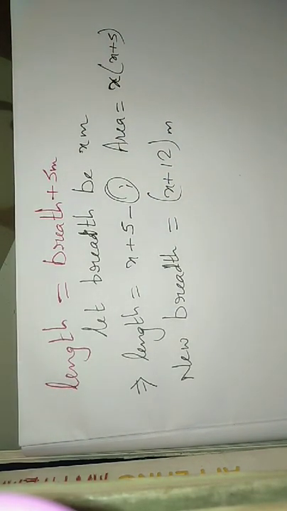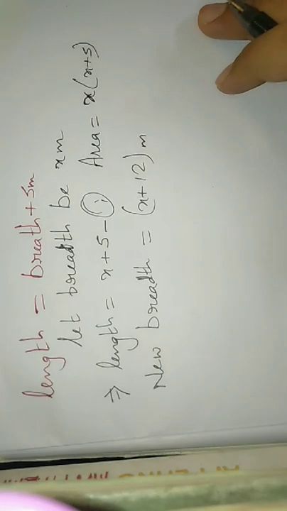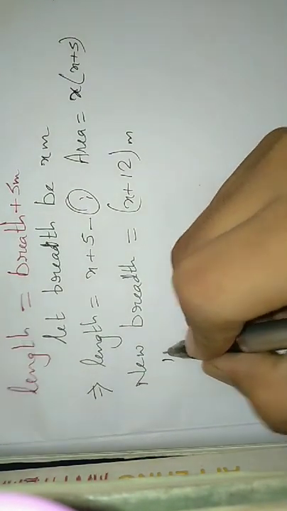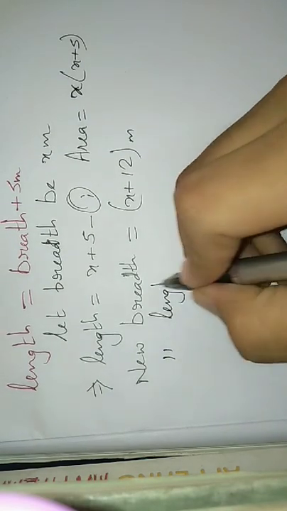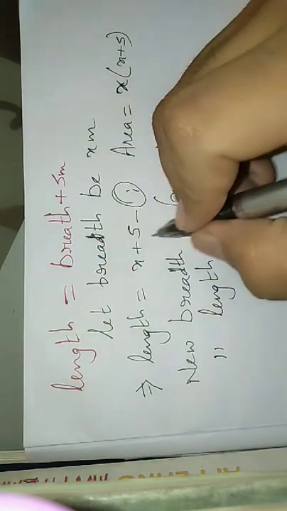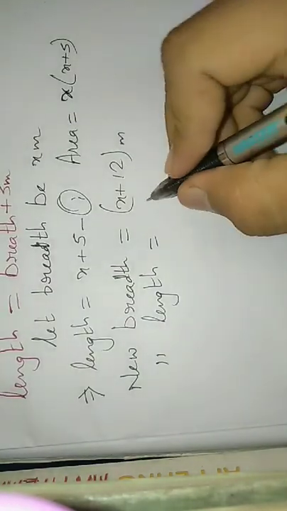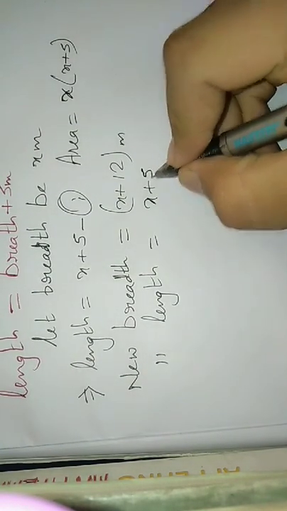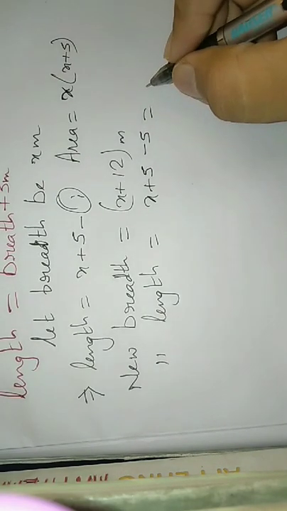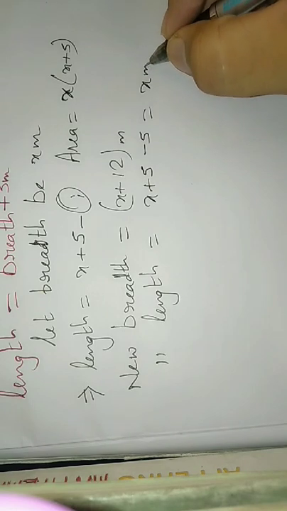So new breadth is equal to x plus 12 meter, and the length is decreased by 5 meter. So new length is equal to, what is the length? Length was x plus 5, correct? So this length is decreased by 5, means x plus 5 minus 5, this is x meter.